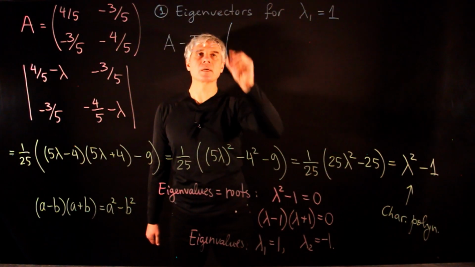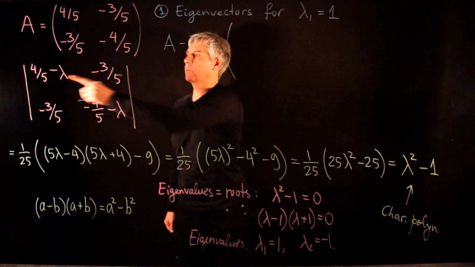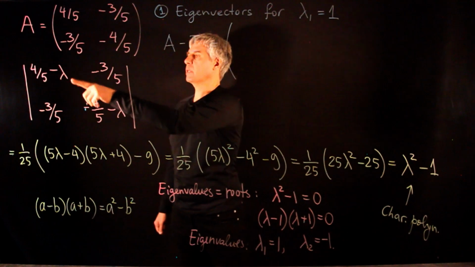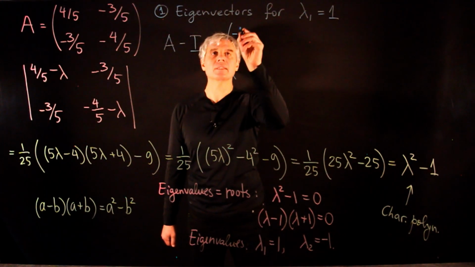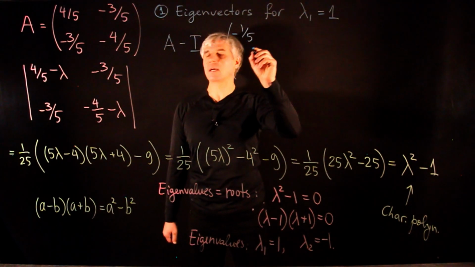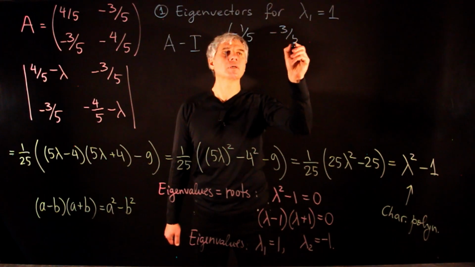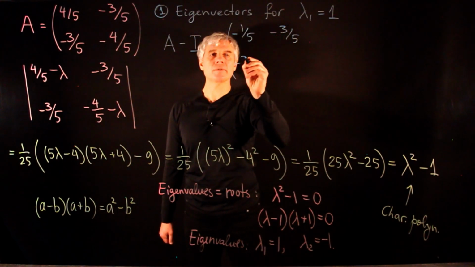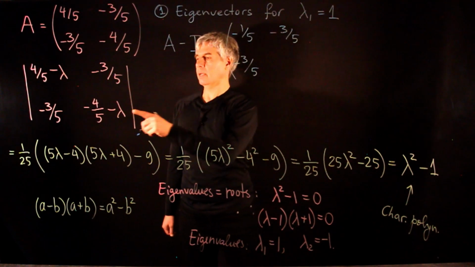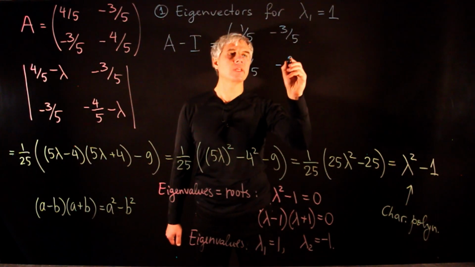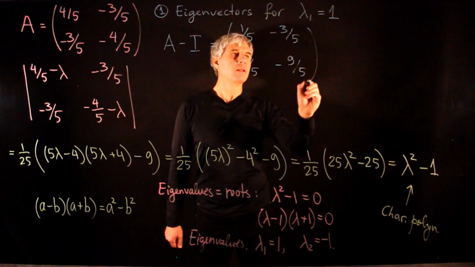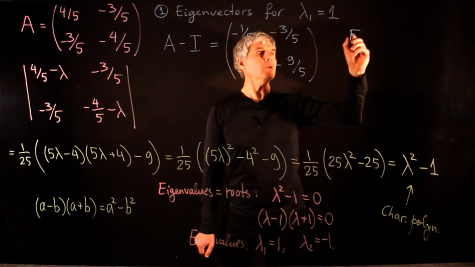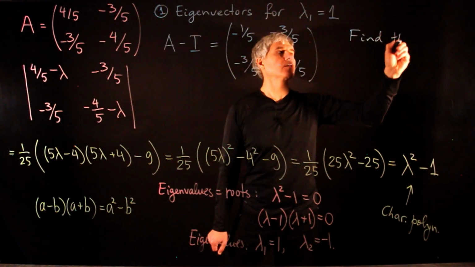So we take lambda equals 1 here, and we get negative 1/5 and negative 3/5, and negative 3/5, and here we get negative 9/5. And what we need to do is we need to find the null space.